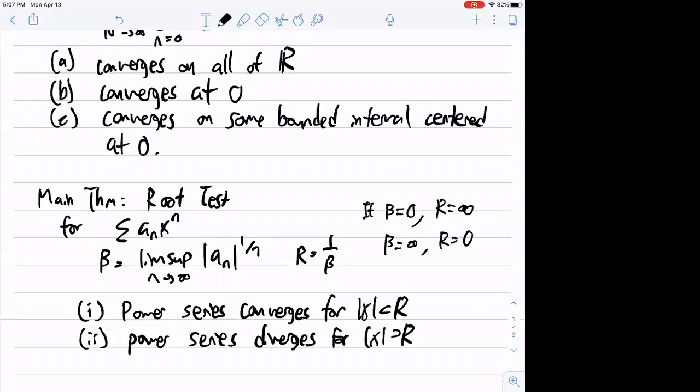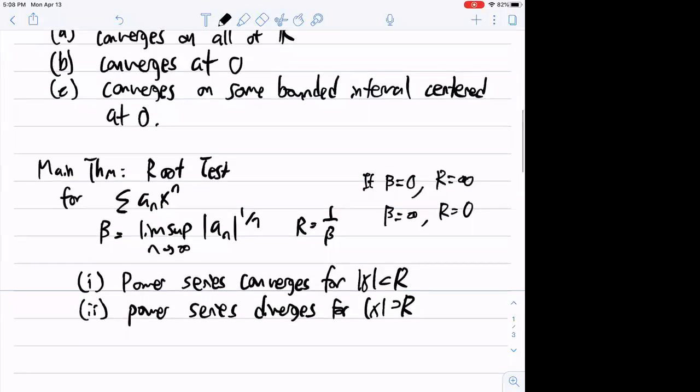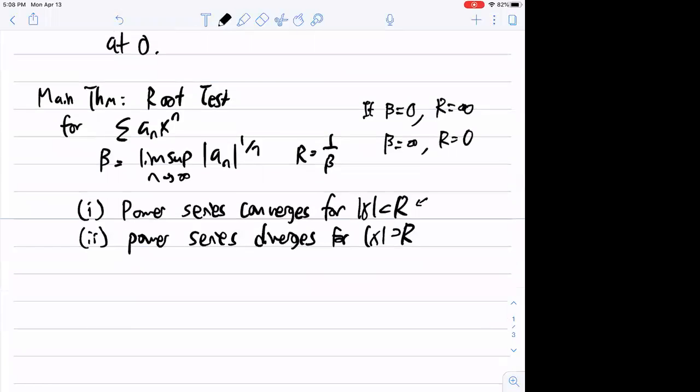If R is infinity, your series converges on the whole real line. If R is 0, your series converges only at the point 0. And otherwise, you converge on the interval from negative R to R. It depends on boundary terms, but you'll have to check that.